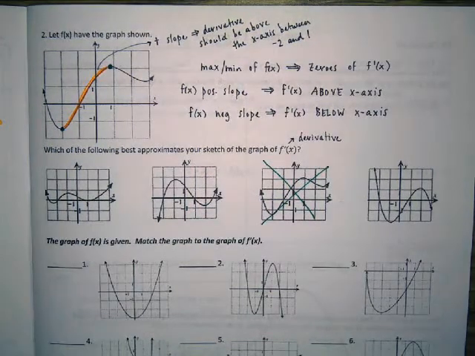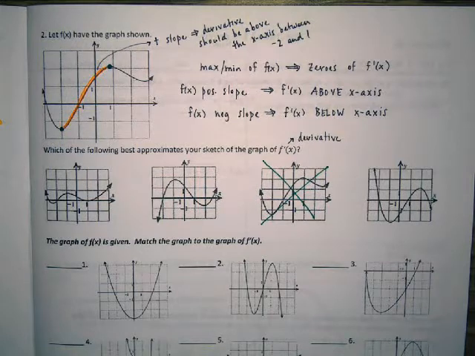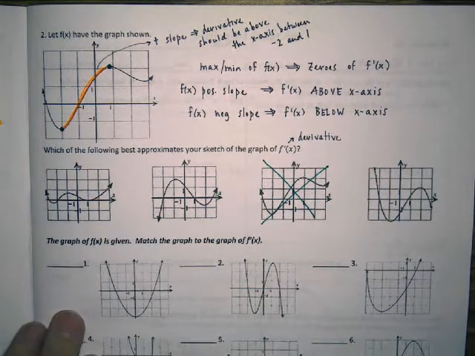So of the choices that I've got left, I need to find a graph where the graph is above the x-axis between those zeros.